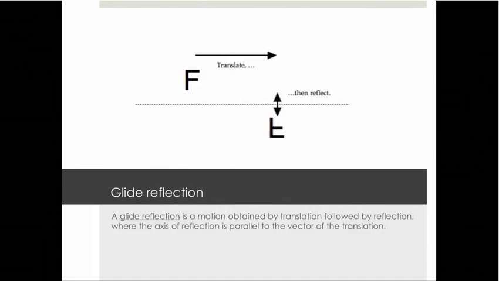It begins with that printed letter F at top left, and after we apply it, we come up with the upside down letter F over at the right. Again, what we've done is we've applied a glide reflection, and as we now see, it's a motion obtained by translation, followed by reflection, where the axis of reflection is parallel to the vector of the translation.